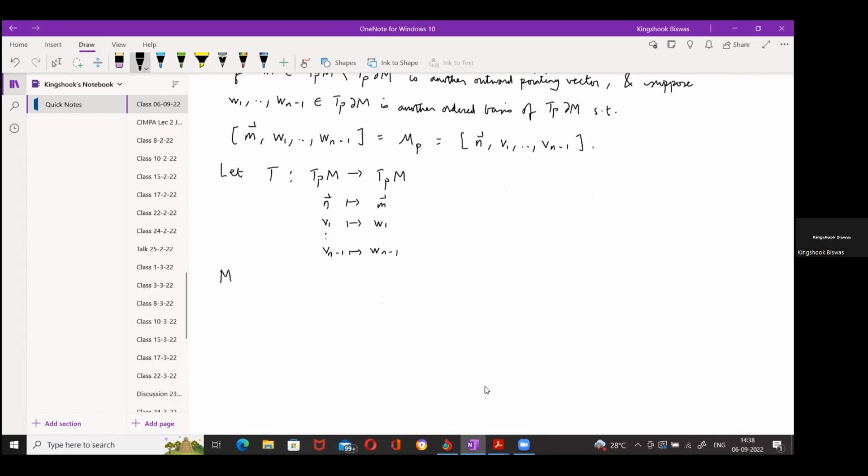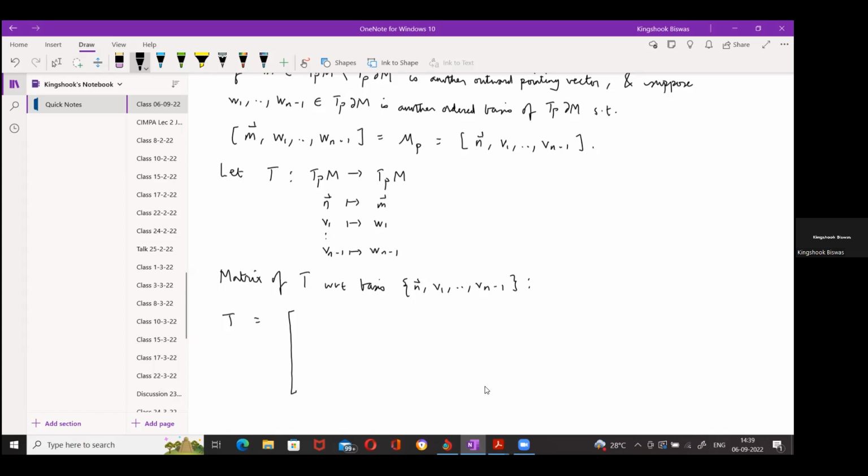So the matrix of T with respect to the basis n, v1 to vn minus 1. All right, so n goes to m, which will be some linear combination of these basis vectors.